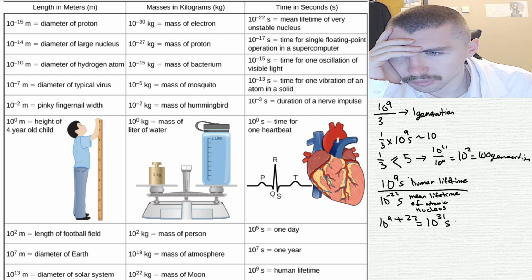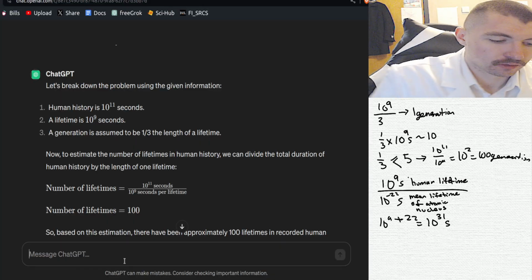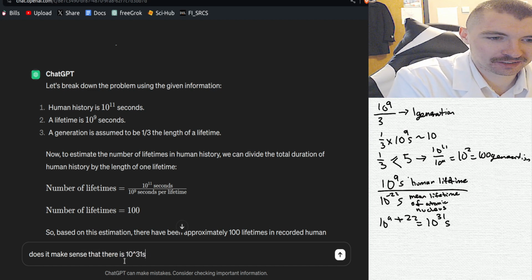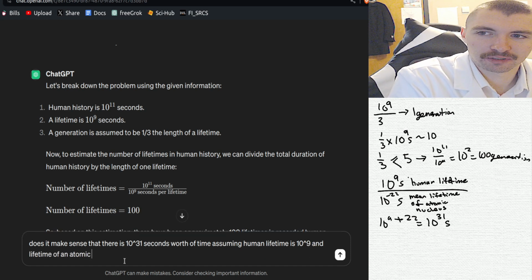So does this make sense? Does it make sense that there is 10 to the 31 seconds worth of time, assuming that is 10 to the 9, and the time of the atomic nucleus?